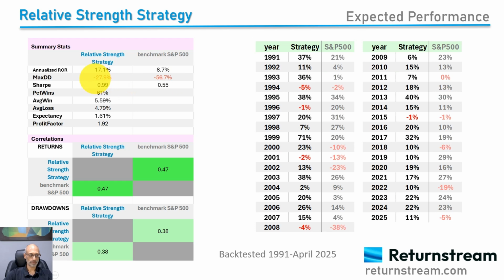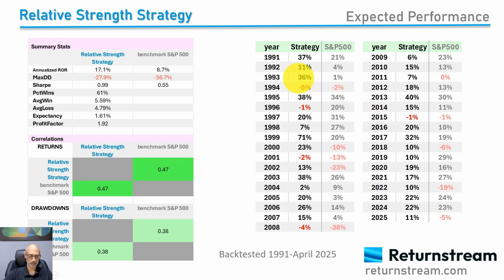The maximum expected drawdown of the strategy over that time frame is negative 27.9, whereas the S&P has had a negative 57% peak to valley drawdown. The Sharpe ratio of the strategy is about 1, whereas the S&P 500 is about 0.5. And the correlation of returns of the strategy to the S&P 500 is about 0.47.